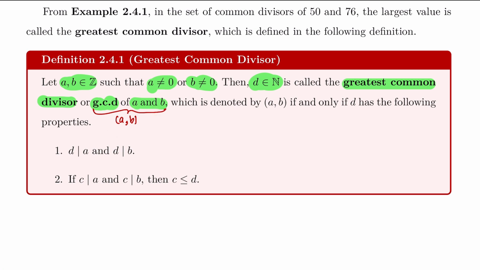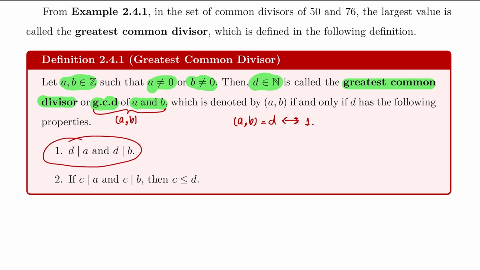Then d is the greatest common divisor of a and b. I may write (a, b) = d if and only if d satisfies the following conditions.